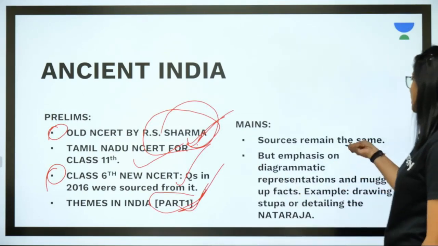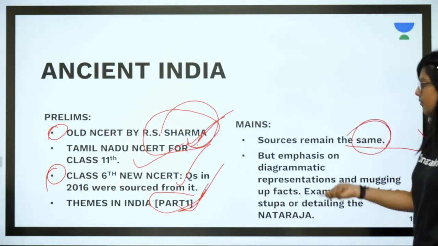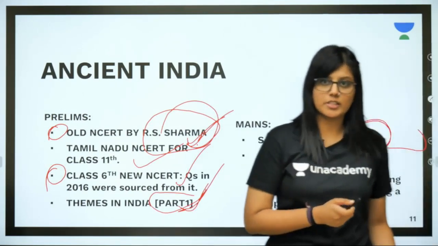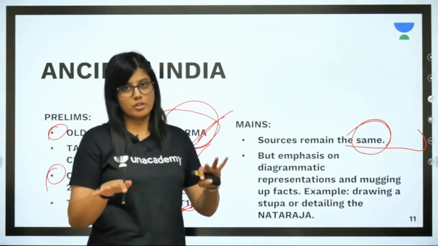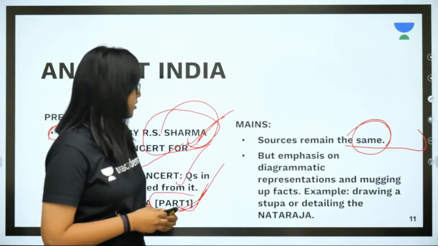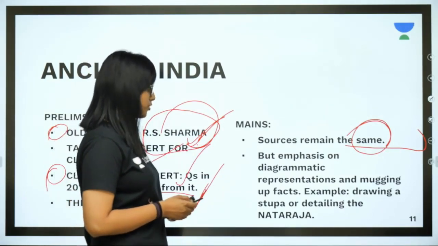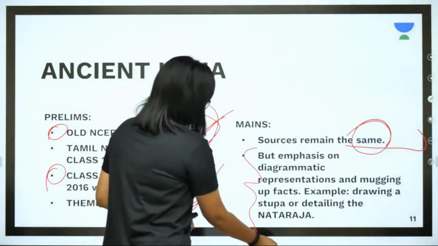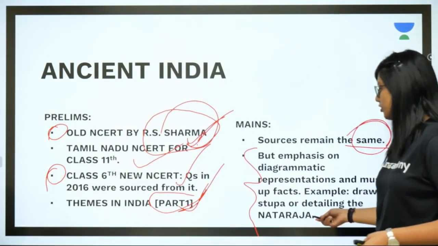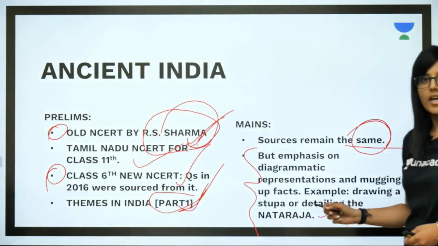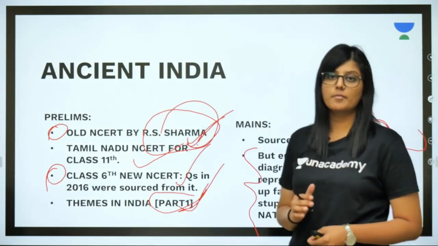For mains, the sources remain the same. The sources are not different for mains for ancient India, except, as I said, you can include some current affairs, but emphasis on diagrammatic representation also. That becomes important when you're talking about an ancient culture like the Cholas or something. It's very important for you to have a diagrammatic representation.